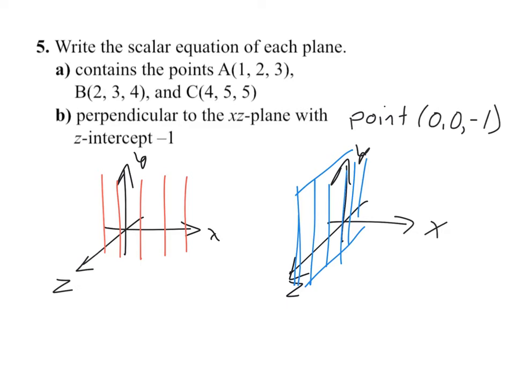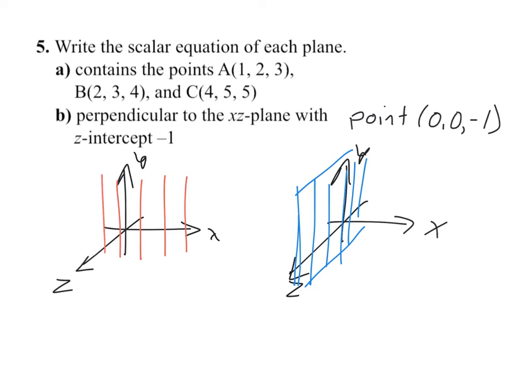So it's either going to intersect the z-axis at multiple points or not at all. That's not the one we're interested in. We're interested in the red plane here on the right, which is parallel to the yz plane, and again perpendicular to the xz plane, vertically like that.